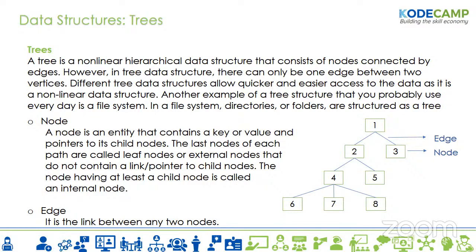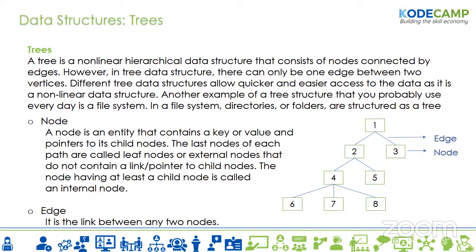Now, why was there a need for tree structures? Different tree structures allow quicker and easier access to the data as it is non-linear. Another example of a tree structure that you probably use every day is your file system.